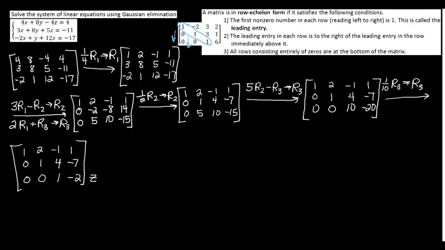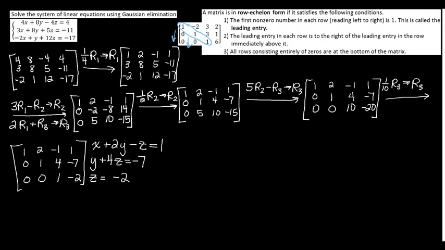So, rebuilding my equations, I get z equals -2. I get y plus 4z equals -7, and x plus 2y minus z equals 1.